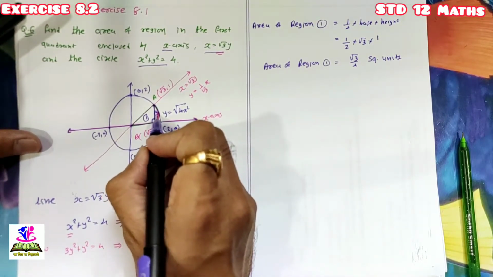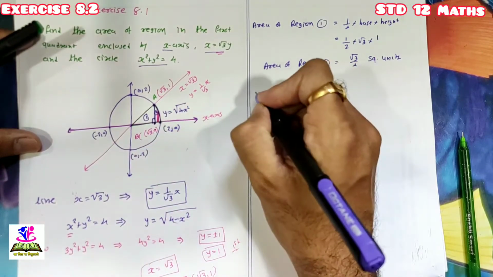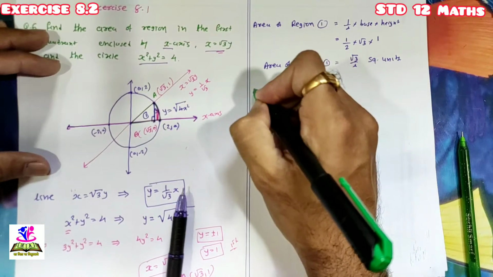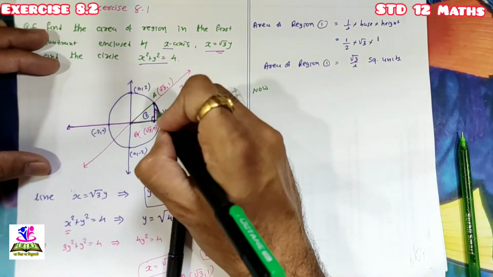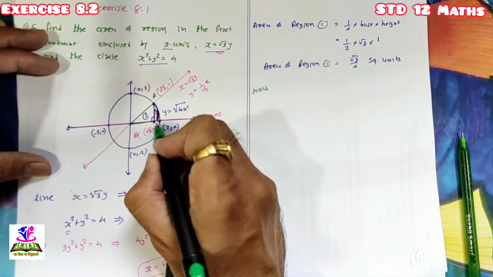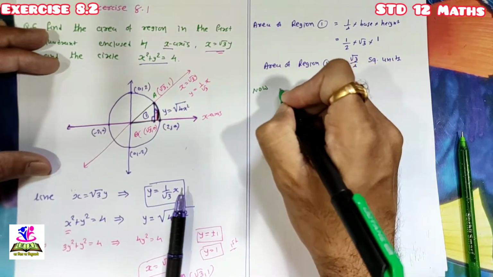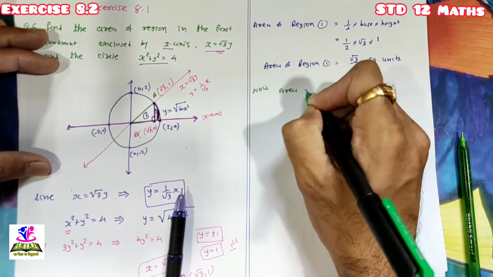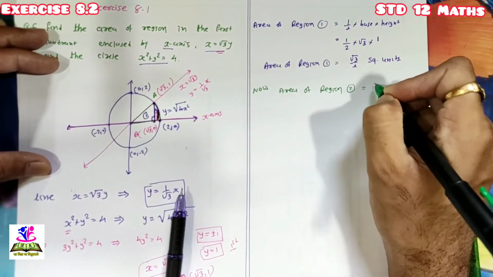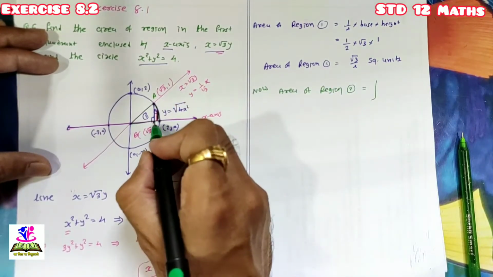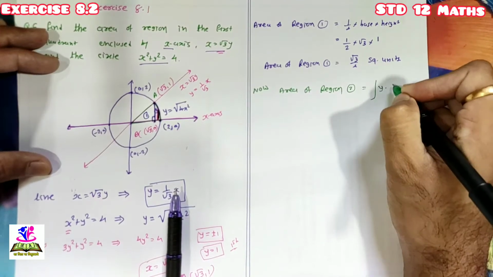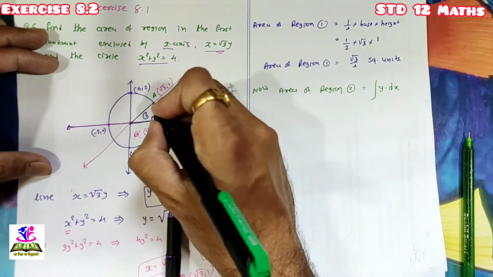Now you have to find the area of this region 2. To find the area of region 2, we are considering the vertical strip over here, and that vertical strip is along the x-axis. So area of region 2 is the integration of y with respect to dx, and this is our curve y.